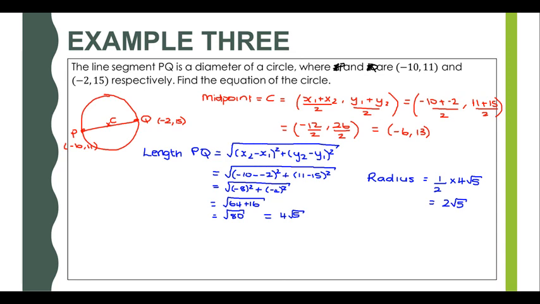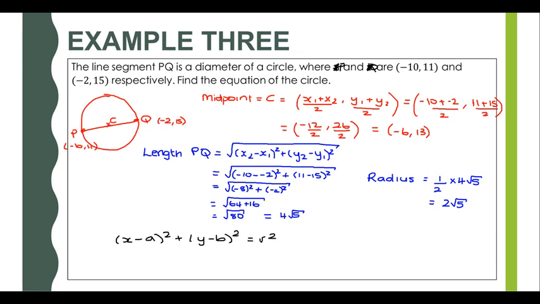And now we can find the equation of our circle. So the equation of our circle is x minus a squared plus y minus b squared is equal to r squared.